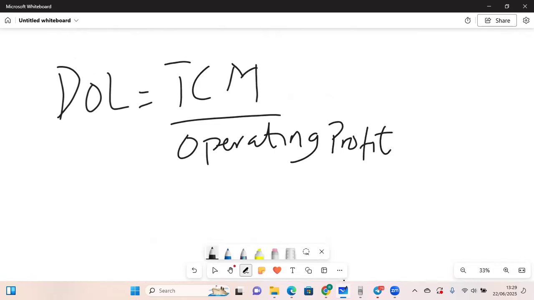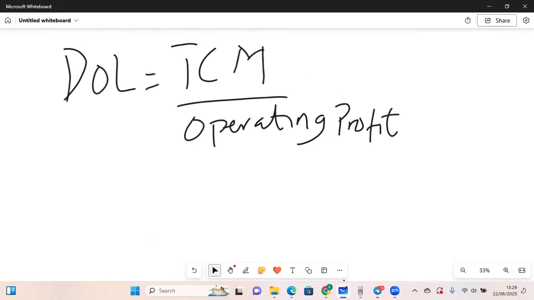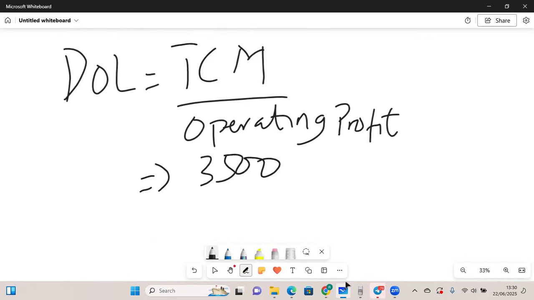To use a simple one, it's total contribution margin all over operating profit. Total contribution margin, as I said earlier, is the contribution times the unit. Here, the contribution was 28, and the unit is 3,500, because that's what we are using now, times 28.